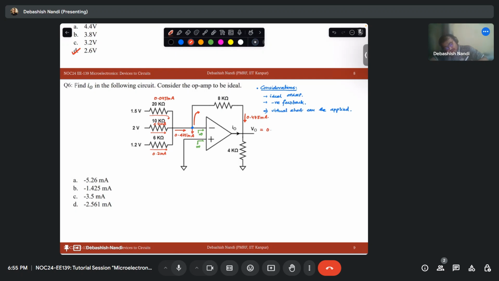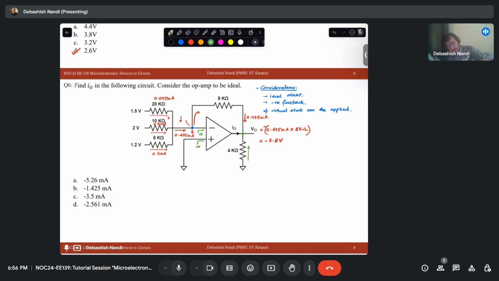V0 will be 0.475 milliampere times 8 kilo ohm, with a negative sign, because this terminal is grounded and the current flows from ground to a potential which should be lower. So 0.475 times 8 gives you minus 3.8 volt.